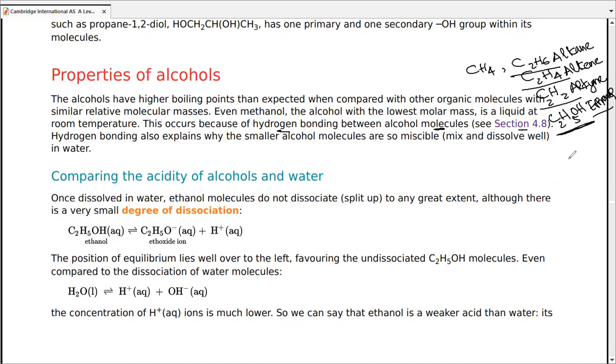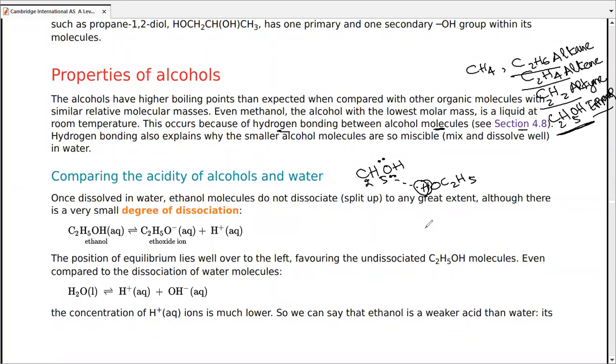Well, apart from ID forces and contact points for molar mass as factors, it does have a hydrogen bond. How? Let's understand it. C2H5OH. Now, this oxygen has two lone pairs, because of which it can really easily make a hydrogen bond with the hydrogen, specifically this hydrogen, of another molecule.